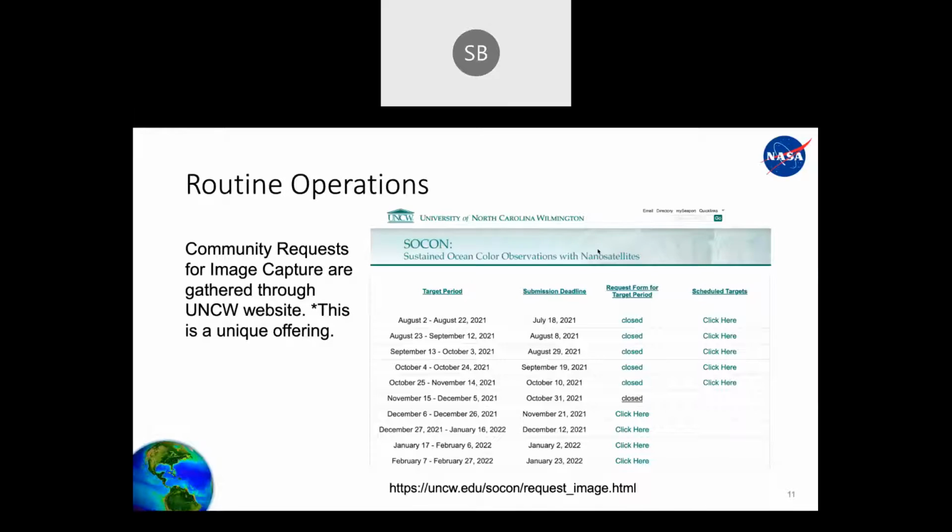For our routine operations, SeaHawk has a unique offering in that we allow community requests for image capture through the University of North Carolina website listed below here. So you, as a researcher out in the field, can make a request to have SeaHawk image over your region of interest.